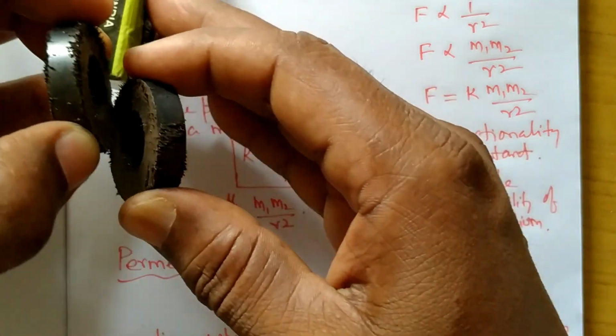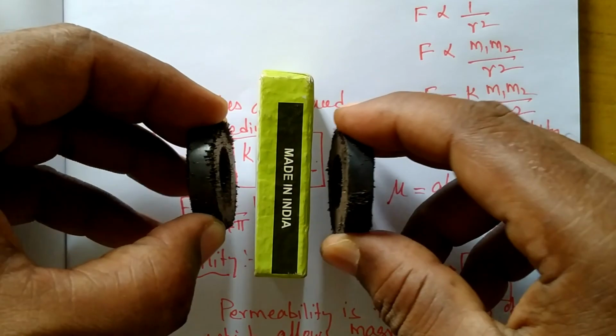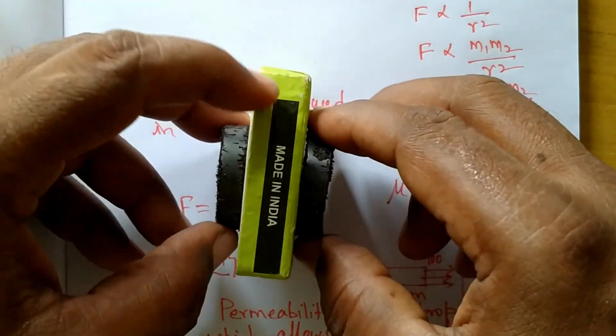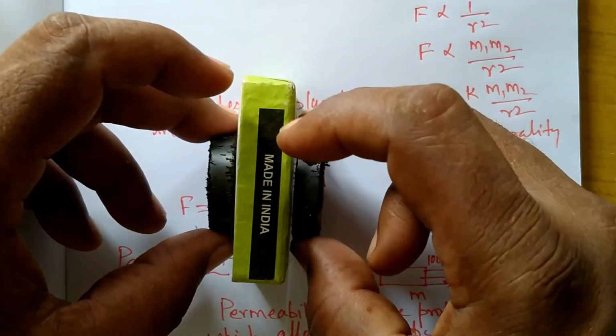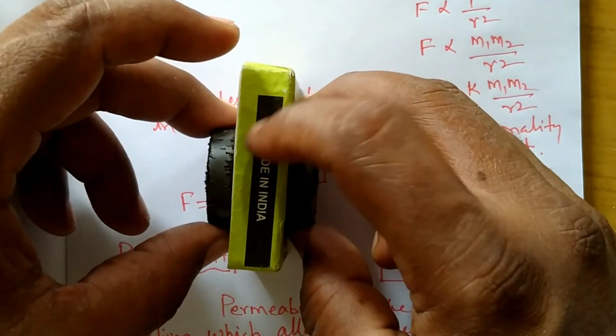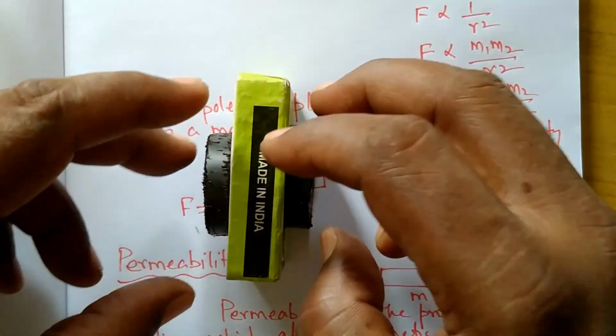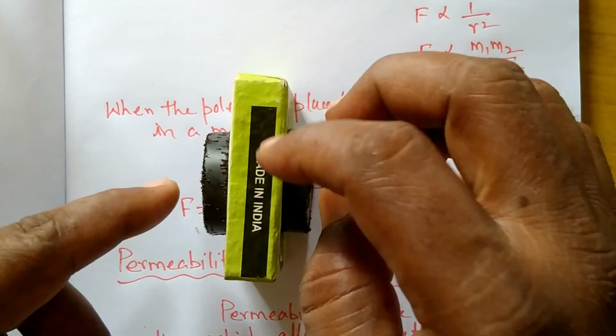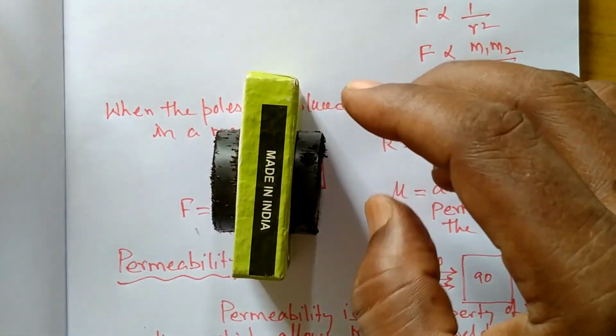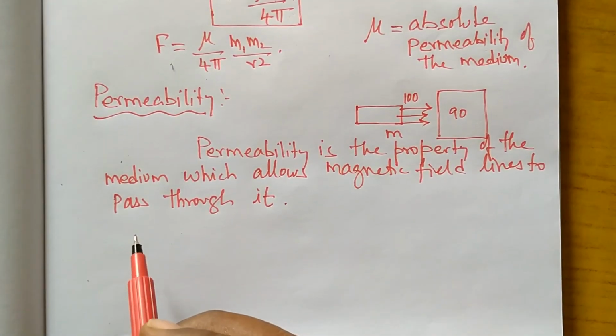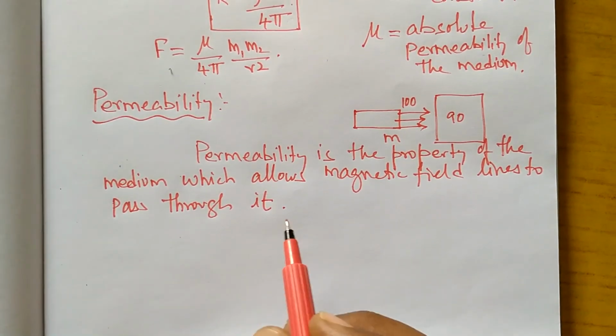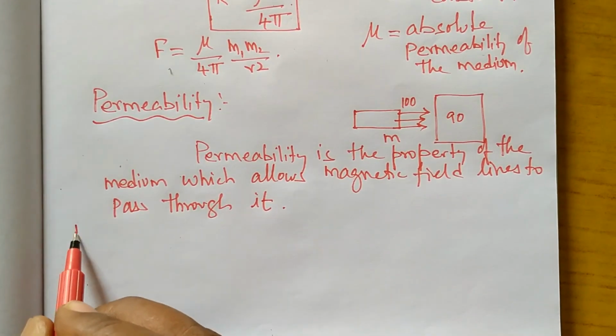Now when I place a cardboard in between these two magnets, you see the force of attraction decreases. Therefore, this box is not allowing the field lines to pass through it. That property of this box is called permeability.